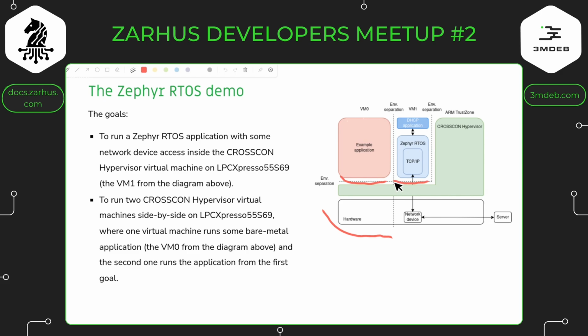And the second virtual machine is where the authentication will happen in the future. For now, it is only for demonstrating device, memory, and other allocations.